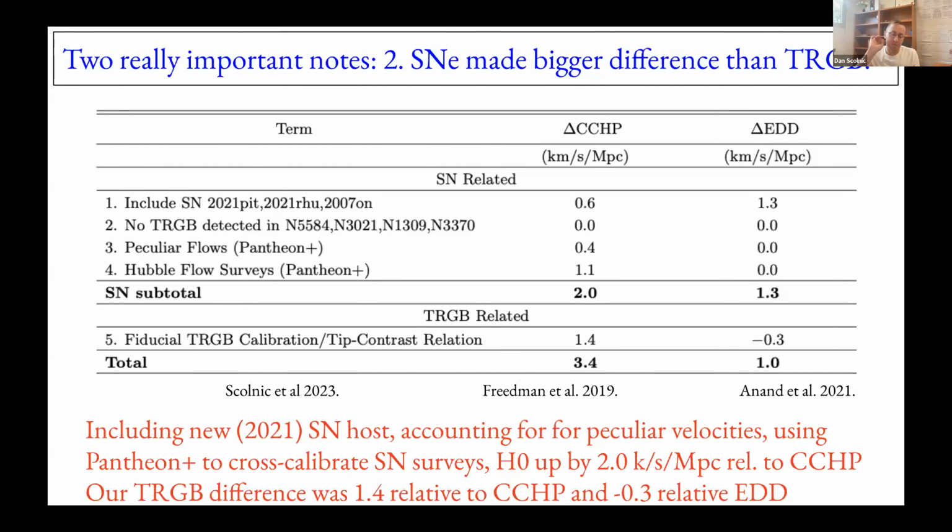So the TRGB part of this changed H0 from CCHP by 1.4, but actually just updating it to use the modern Pantheon+ data set changes H0 by an even bigger amount, by 2. So it's really the combination of updating the supernova data set as well as doing the standardization in an algorithmic way of doing the TRGB measurement that gives you this change to CCHP. So we feel like we can trace all the way from CCHP to what we get from the combination of these 2 effects.